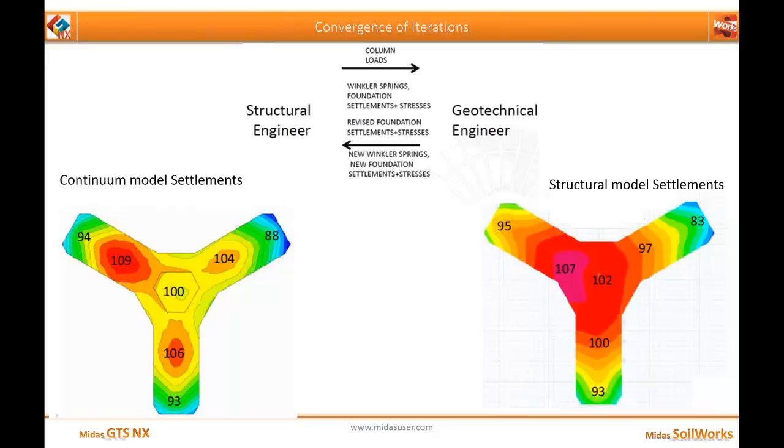Let's suppose the convergence criterion is settlement: if you see that we have two different results for two different models, and they are approximately the same, then you can say the model has converged, this is the particular place where you stop, and you obtain the final spring stiffness for your model.